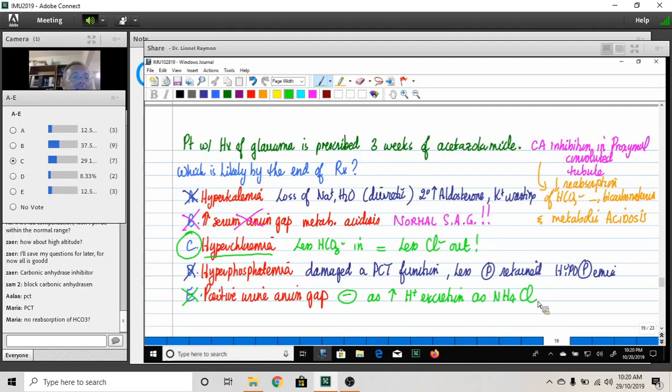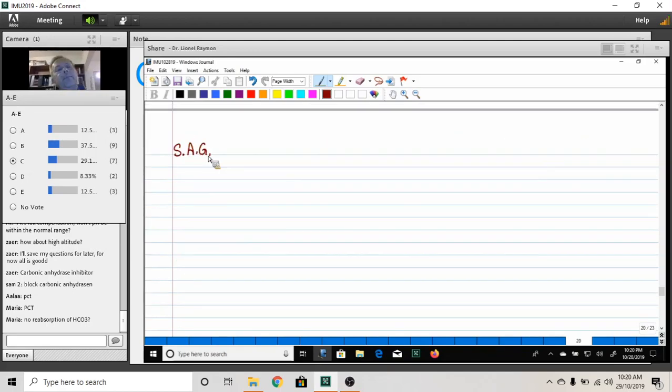First thing we're going to do is talk about the serum anion gap. To calculate the serum anion gap, what is it all about? Basically, it's about electroneutrality. That's all it is.